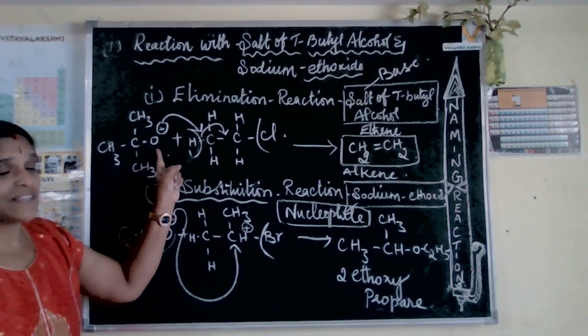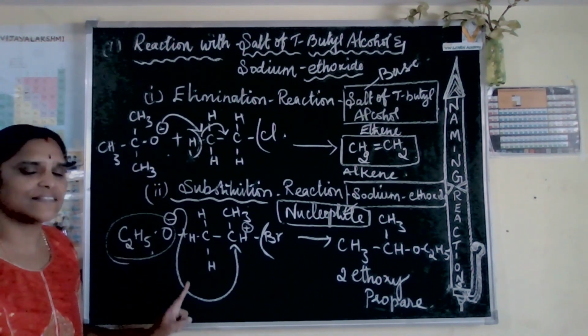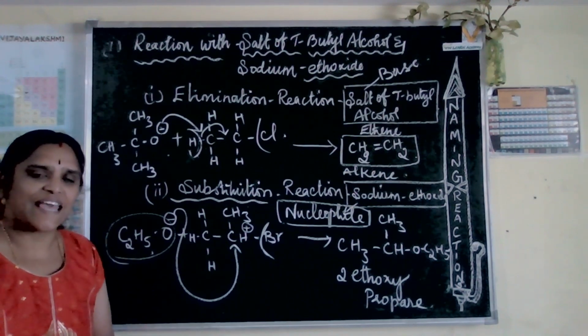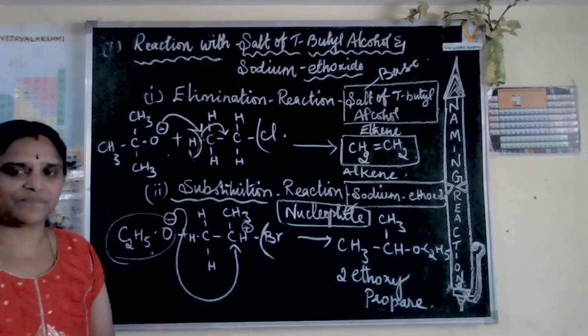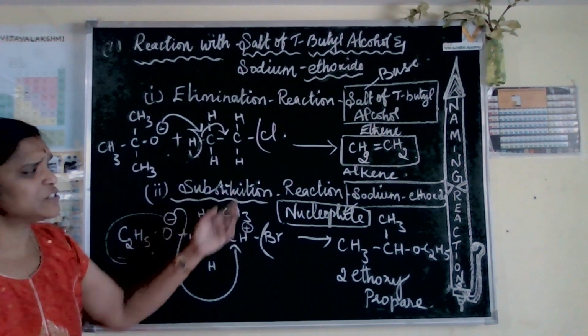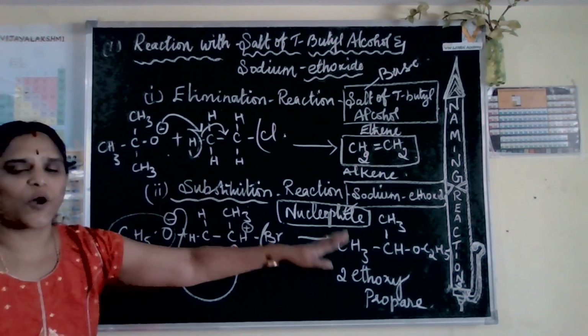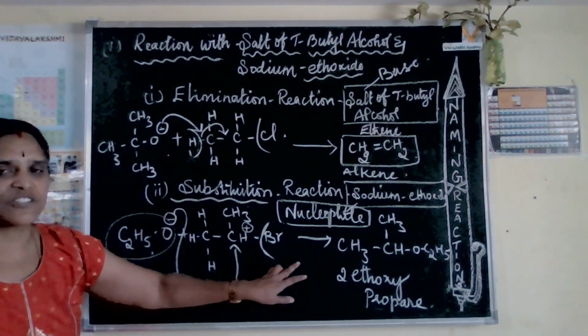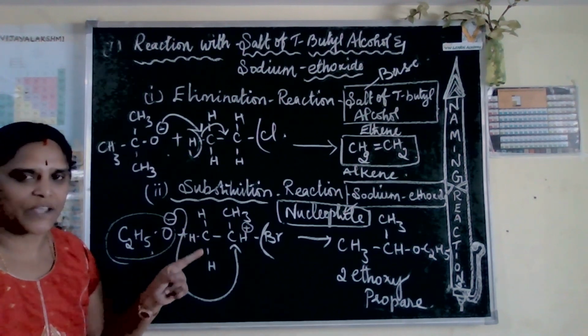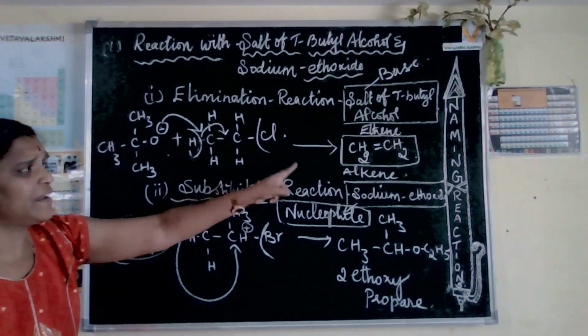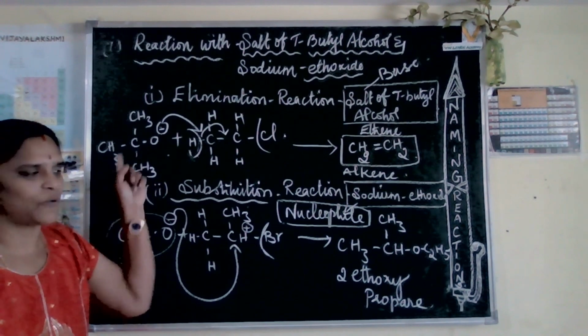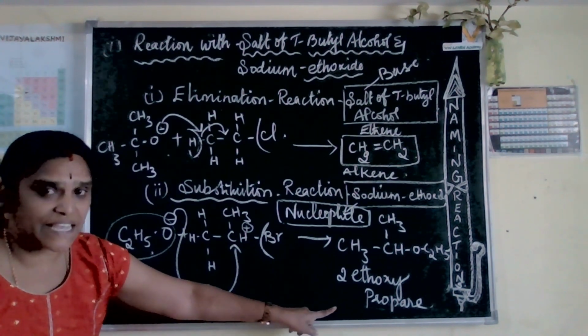Here an elimination reaction, here a substitution reaction. Both come under one process. Hope you're clear. This is also a salt and that is also a salt, but the product will be different and the reactions vary. Two in one process. Okay, hope you're clear. Why are we getting an alkene? Because of the bulkier group.